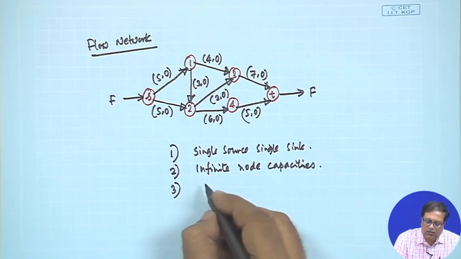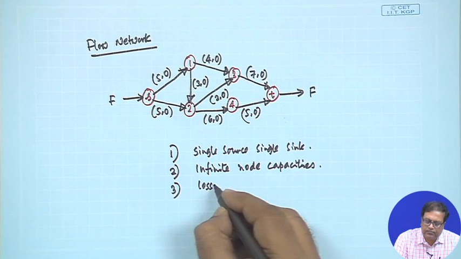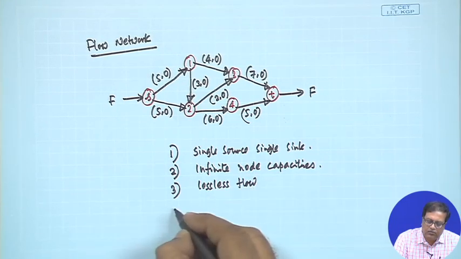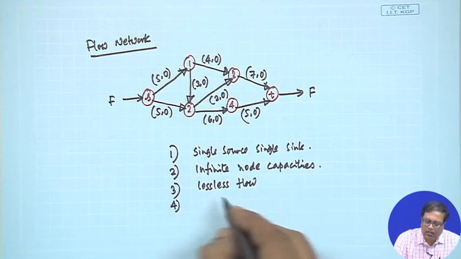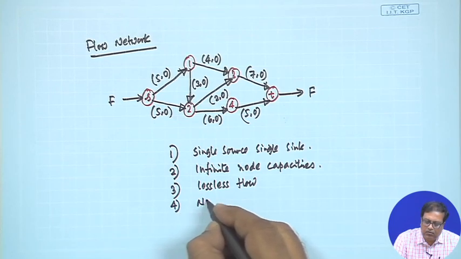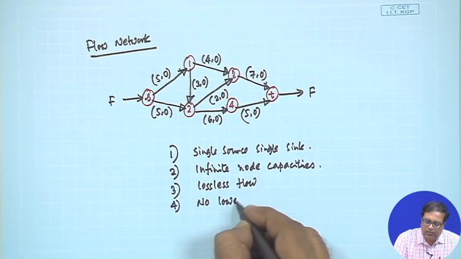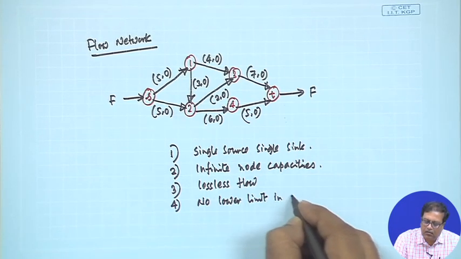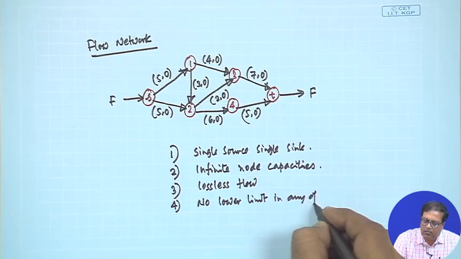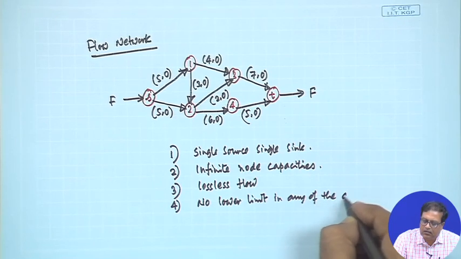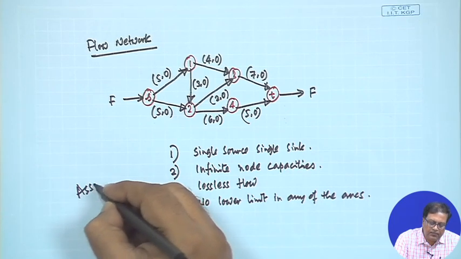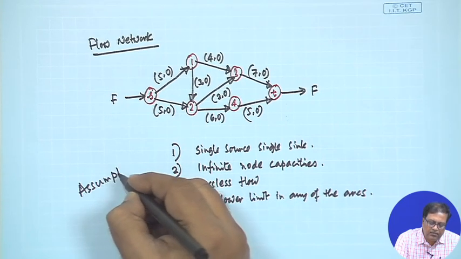Number 3, lossless flow. Fourth, no lower limit in any of the arcs. So, let us see these assumptions, what are their implications.